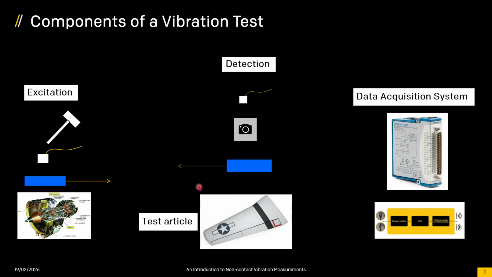This is an FFT analyzer, oscilloscope. This could be something standard off the shelf, or something one may build using a LabVIEW-like framework, for example, with some custom hardware. So these are the main components: excitation, detection, data acquisition. Our focus is going to be on the detection side today.